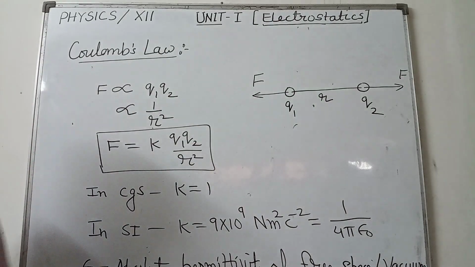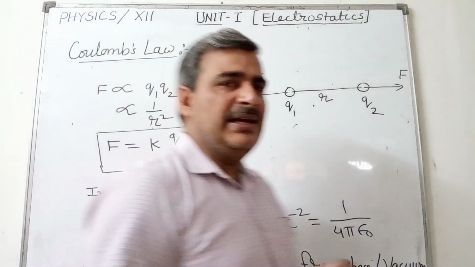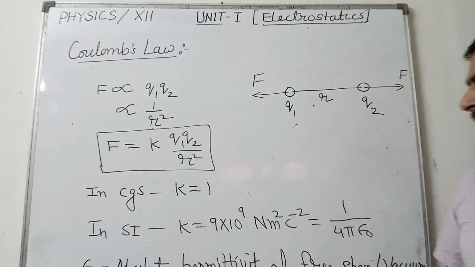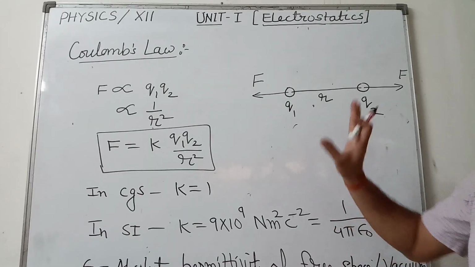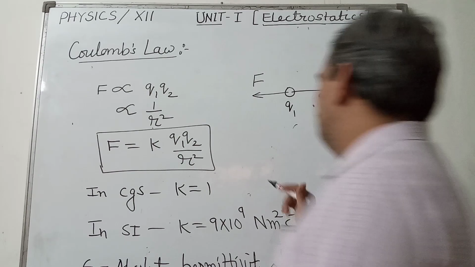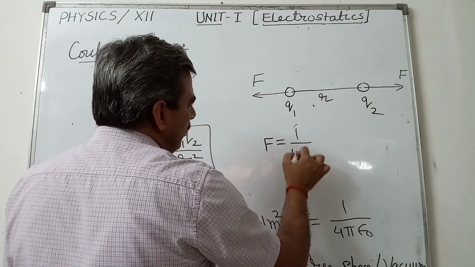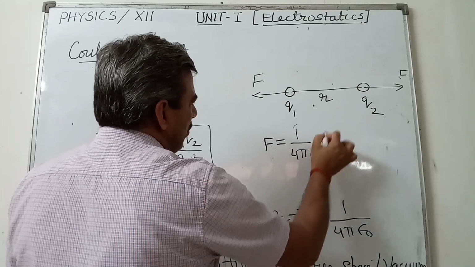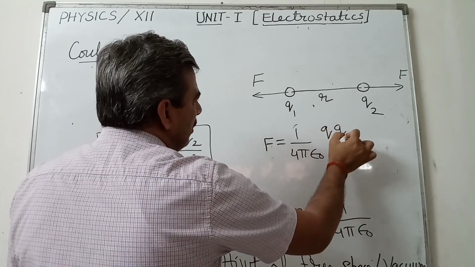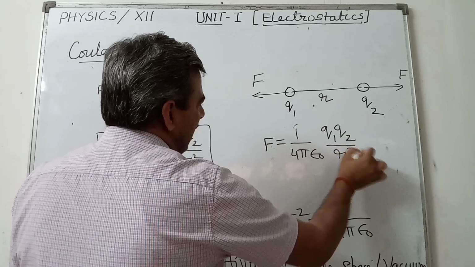If the medium between the charges is air or vacuum, then the formula from Coulomb's law will be F equals 1 over 4 pi epsilon naught Q1 Q2 over r square.